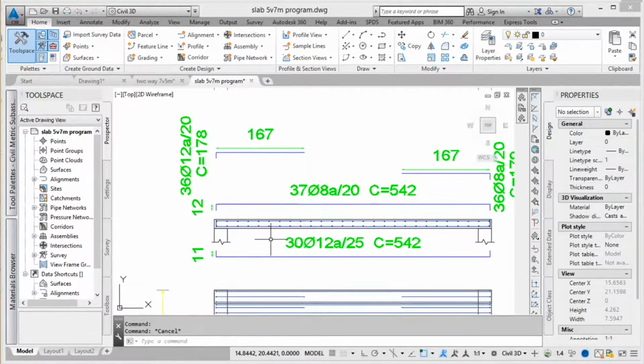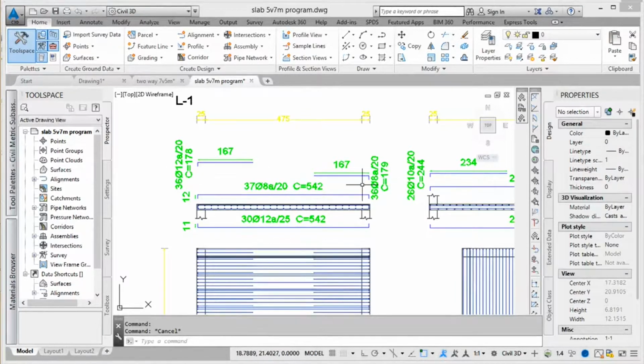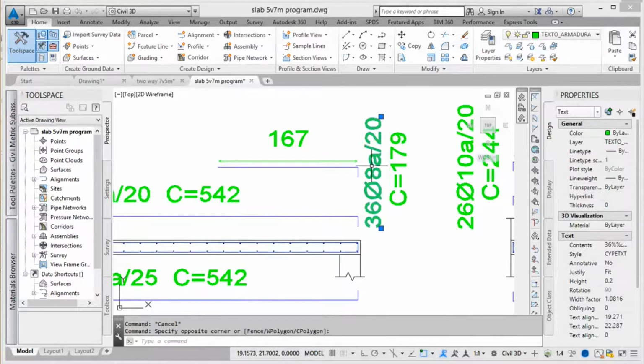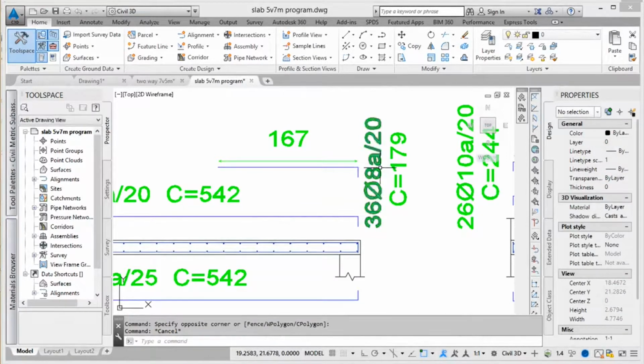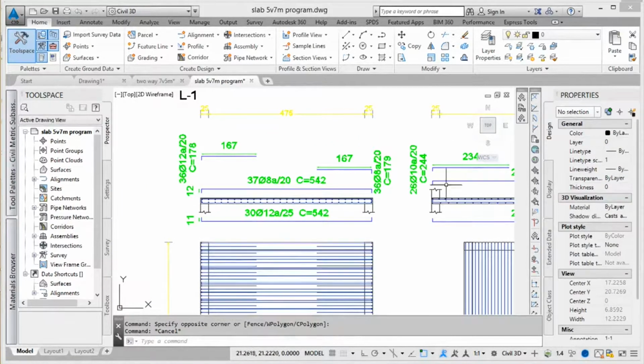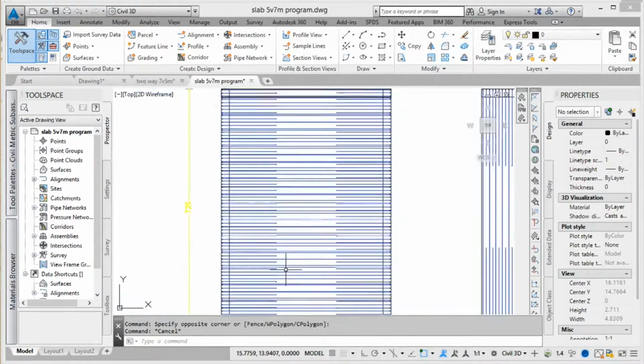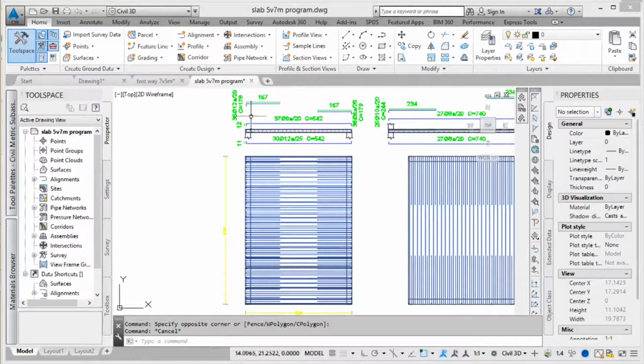Okay, so here of 12, and on the other side the diameter of 8 spaced by 20. Okay, so till here everything is fine, and like we calculated, and even here is 1.67, 1.67.